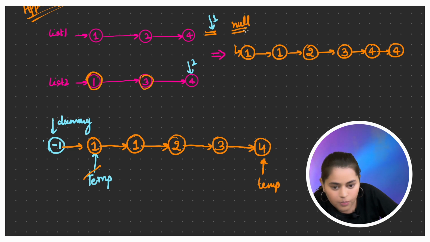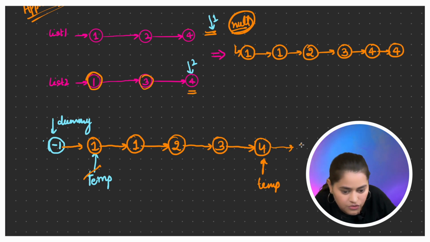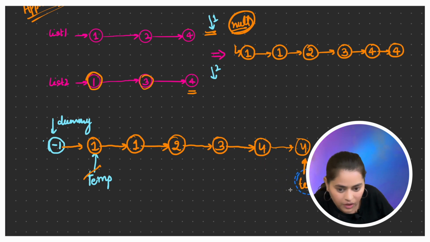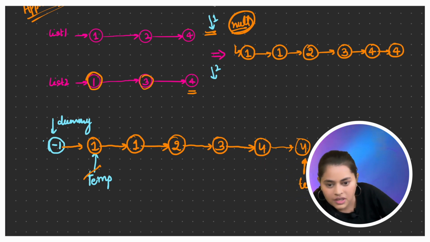If pointer 1 has become null, that means we can directly append the content of the second pointer to next of temp, which is 4, right? And we'll increment this pointer to this point and this pointer to this point. Now at this point we have both the pointers pointing to null.